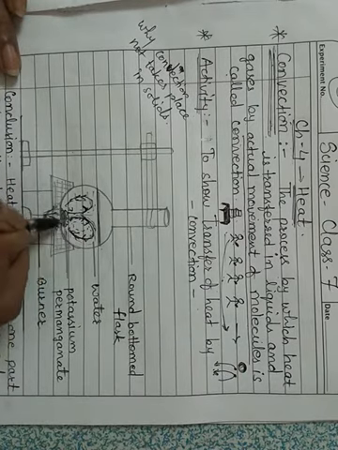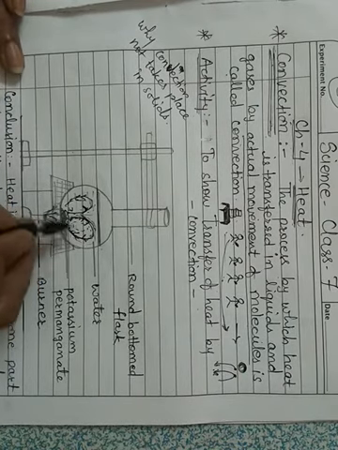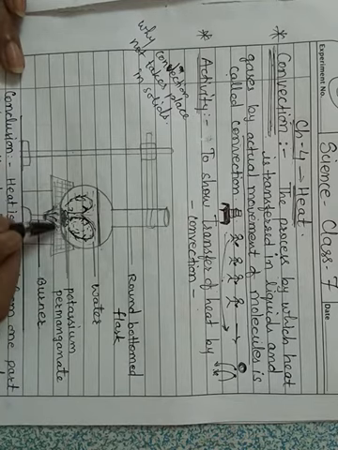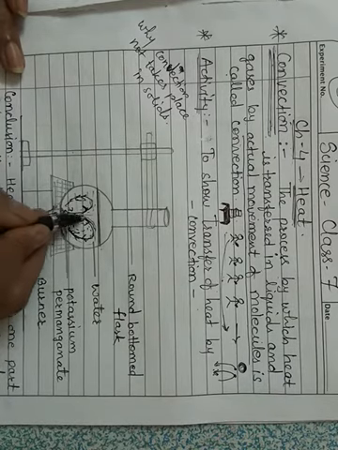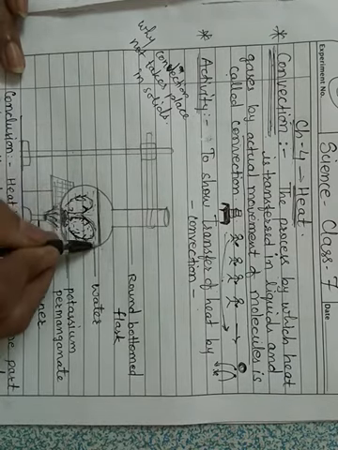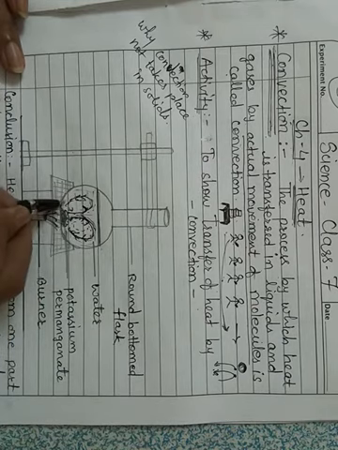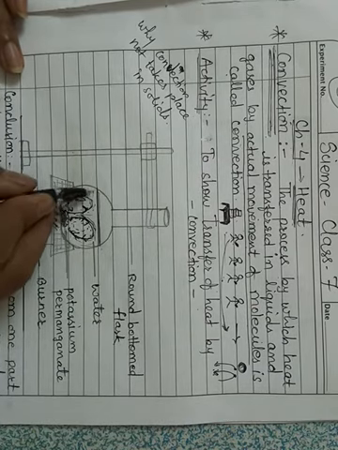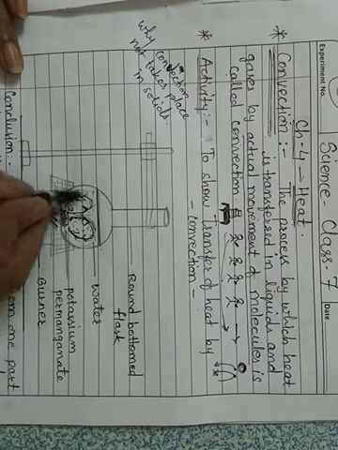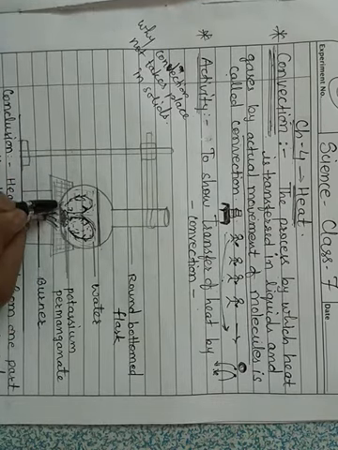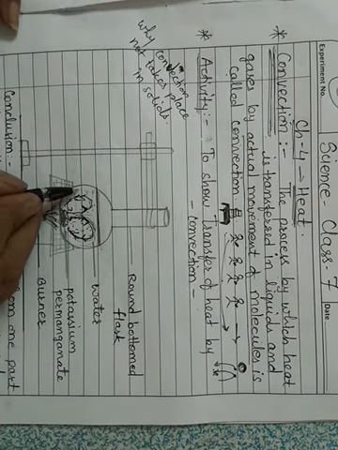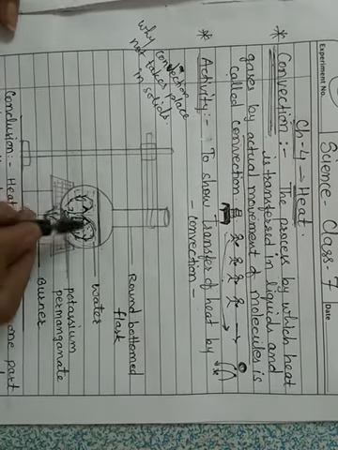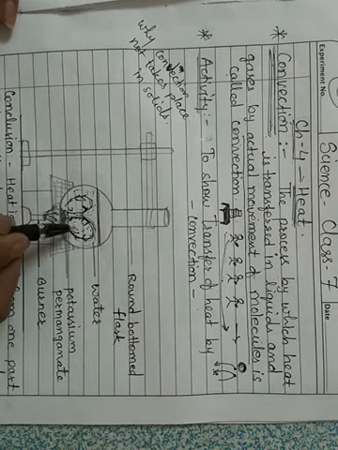This process is continuous until the entire water attains a uniform temperature, means all the water in this flask is at the same temperature. In this way the water becomes hot.